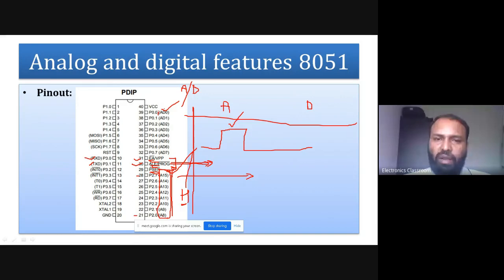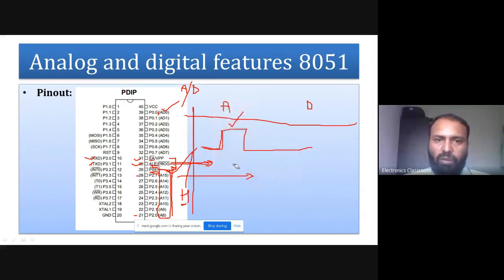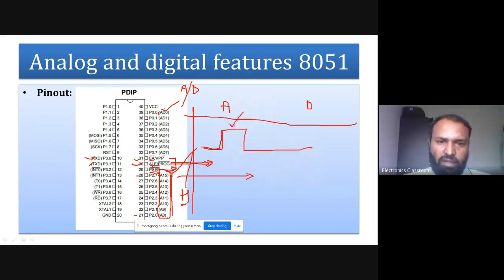So whenever ALE pin status is high, those pins of port 0 and port 2 will be carrying address.